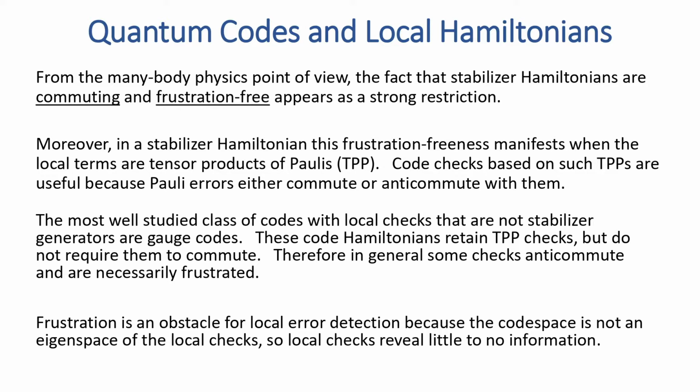But of course, this can depend somewhat on the decomposition that you use into local terms. So when we say that a stabilizer Hamiltonian is frustration free, we really mean that this frustration freeness manifests when the local terms are tensor products of Paulis. I'm going to abbreviate this as TPP.